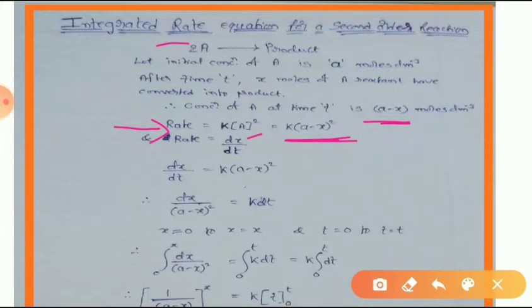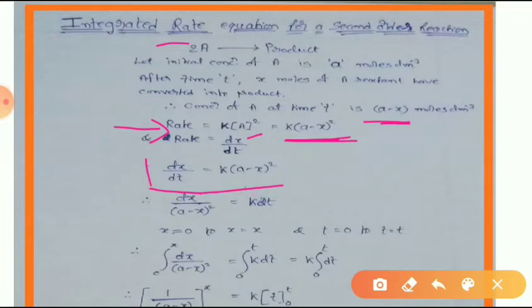Also we know that the rate of reaction is given by dx upon dt. If you compare these two equations, we get dx upon dt equal to k into a minus x whole square.